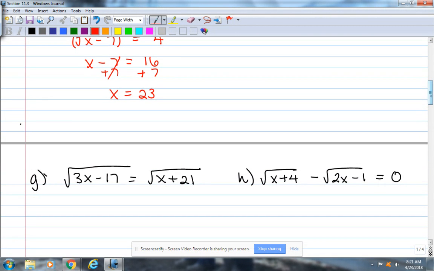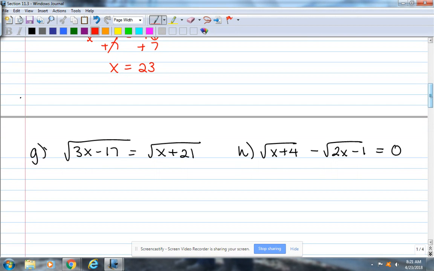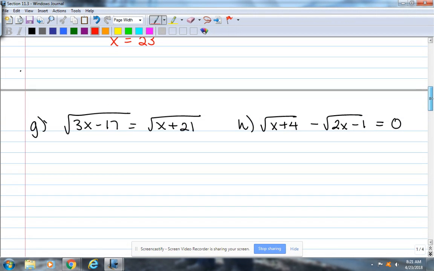So look at G. Write it down. Radical 3x minus 17 equals radical x plus 21. So what do we do if we start out with a radical on both sides?